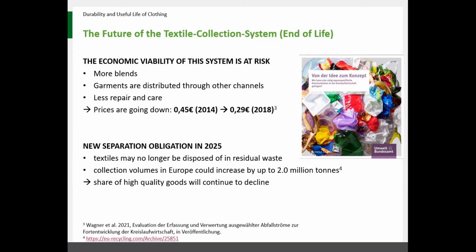And the outcome is the problem I mentioned before, that the proportion of high quality goods will continue to decline. So we need solutions for this stage as well. A longer useful life of textiles is a good approach to relieve the system, next to the need for technical innovations for textile recycling and new legal requirements.